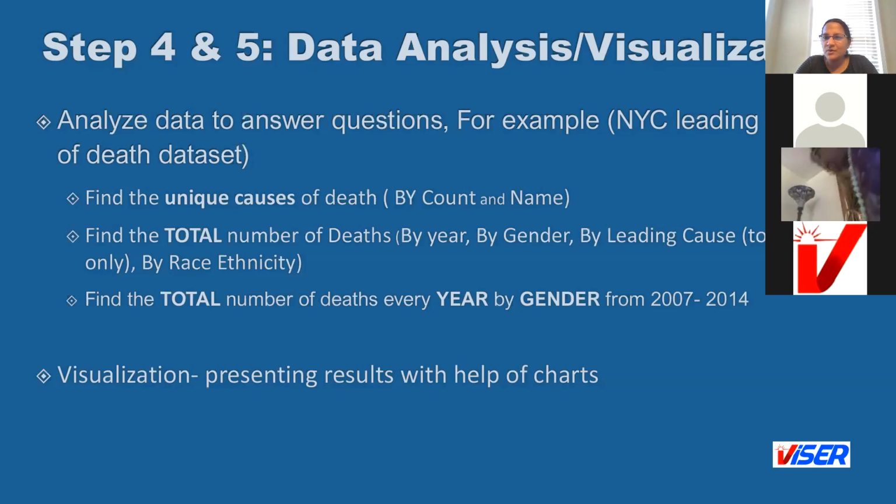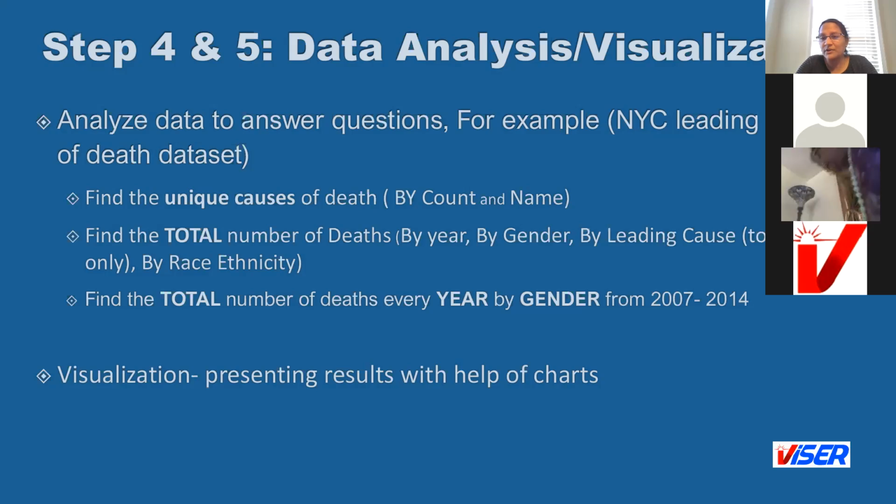The kind of questions which I've tried to answer: find the unique causes of deaths, because I was interested in knowing what are the top causes of deaths in New York City between 2007 and 2014. Basically I wanted to know the count of how many people died from those particular diseases, and the names of those diseases which were leading causes of deaths.